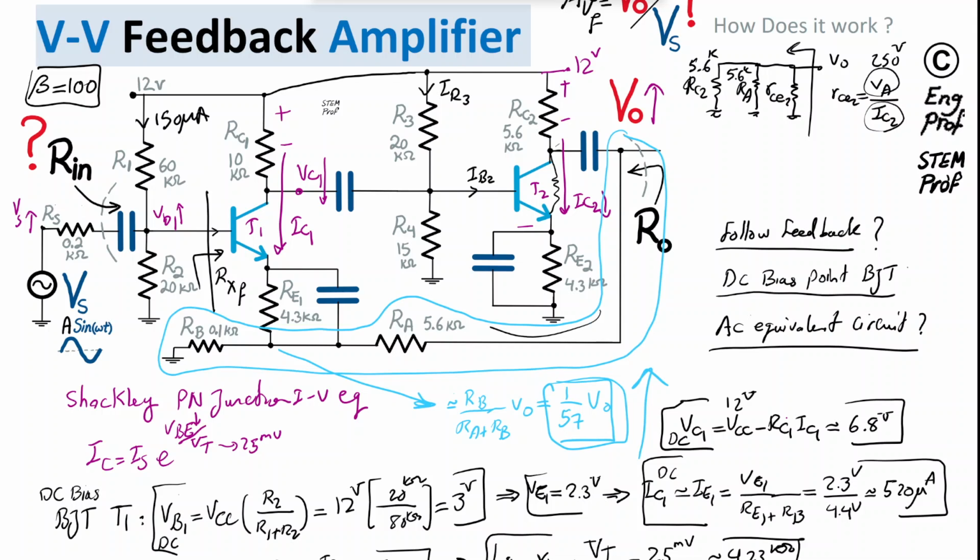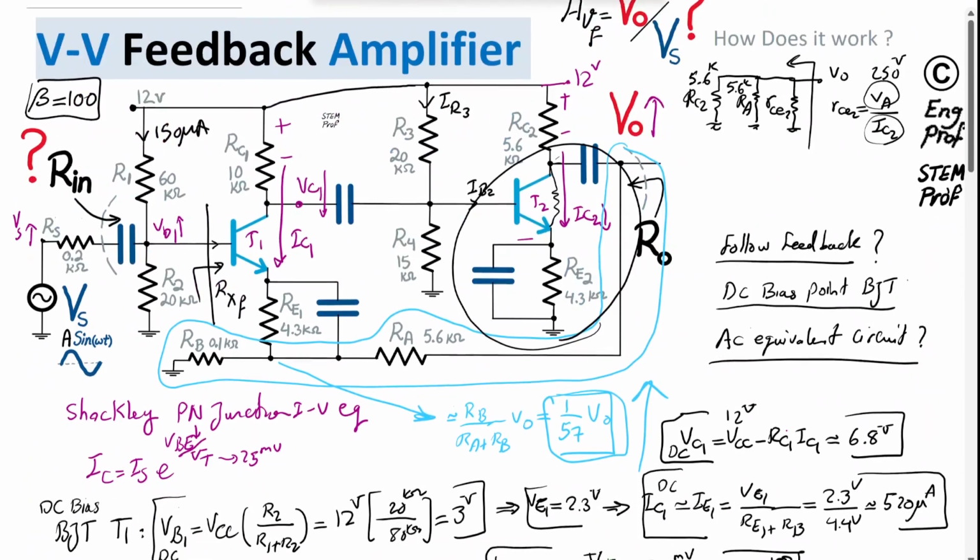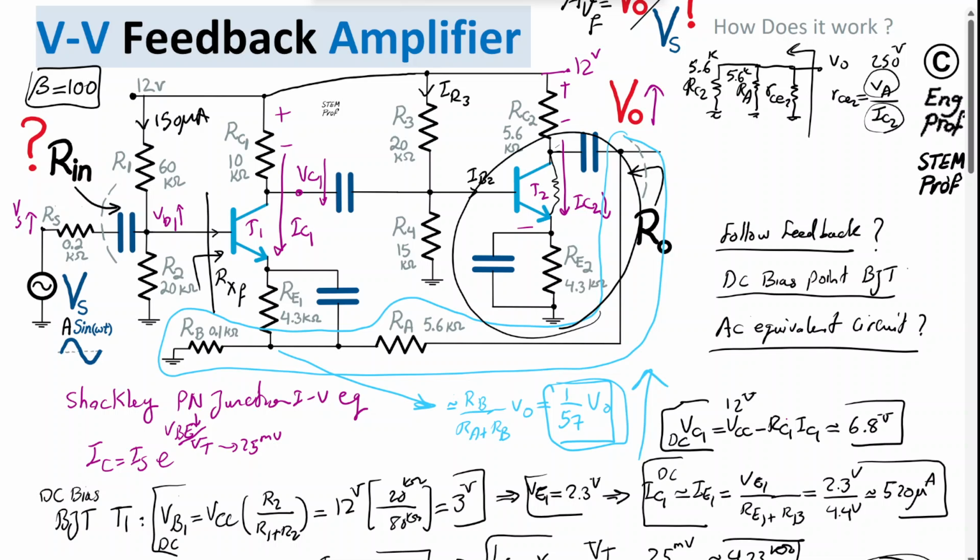IC2 is about 1 milliamp, as we computed earlier for transistor T2, which I did here. We found it to be roughly 1 milliamp. Therefore, 250 divided by 1 milliamp, you're talking about RCE2 on the order of 250 kilo ohm, which is pretty large. So, practically speaking, I'm going to neglect this guy. RCE2 is too large to be considered for this analysis compared to 5.6K.